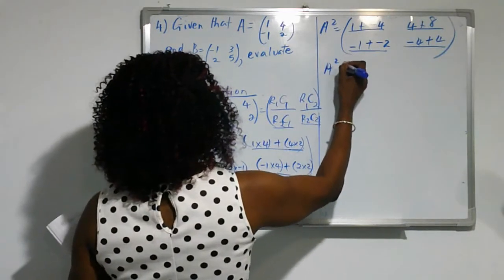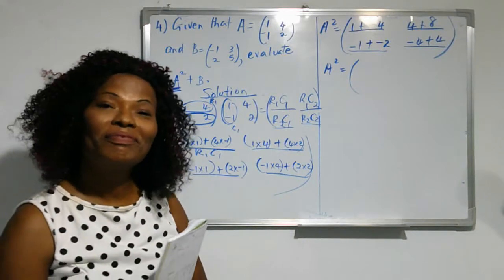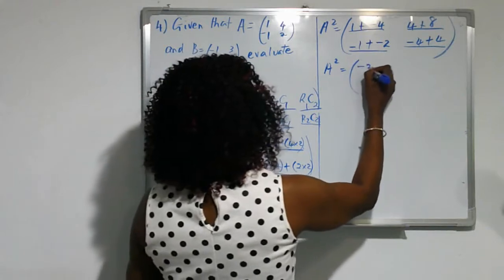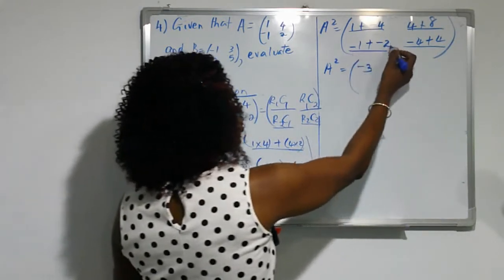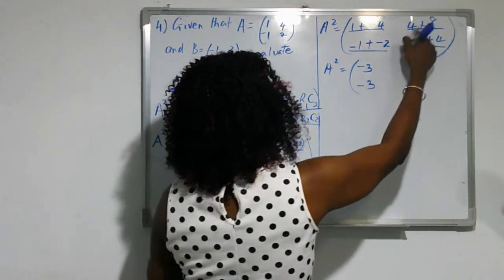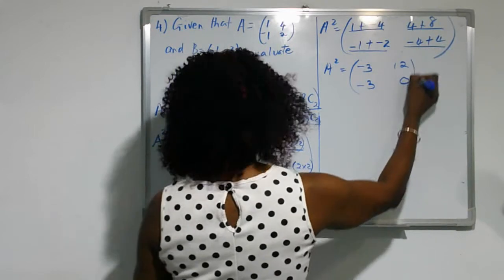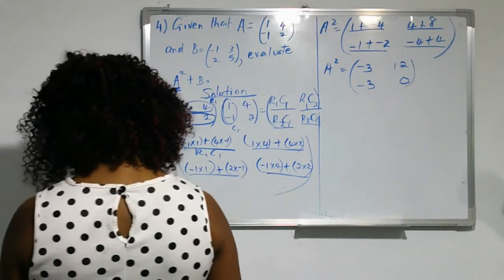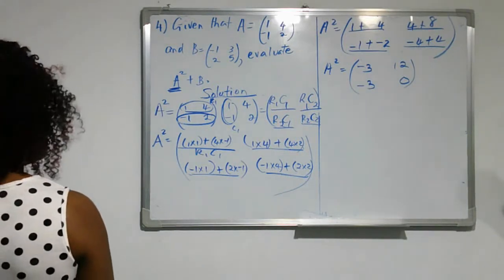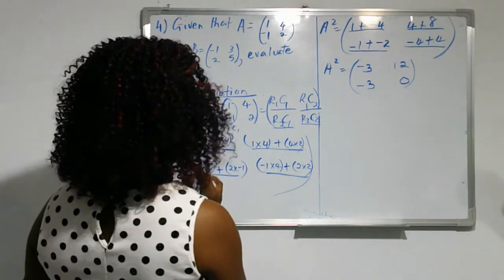A squared is equal to 1 plus negative 4 gives me what? Yes, negative 3. Negative 1, you owe 1, and you owe 2. In all, you owe 3. 8 and 4, 12. And negative 4 plus 4 is 0. Now that's just the answer for A squared.